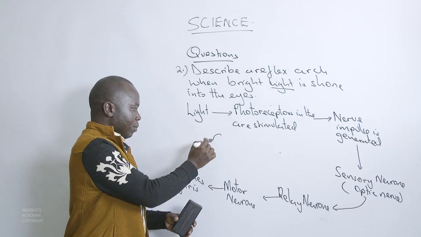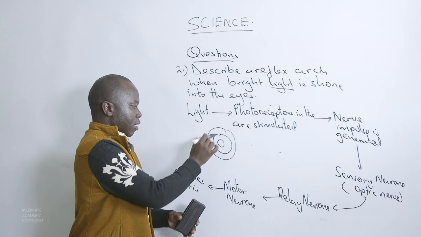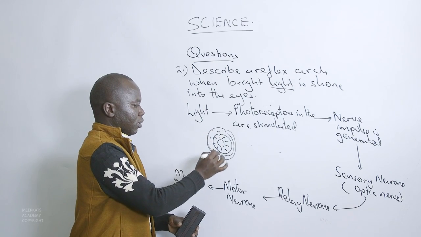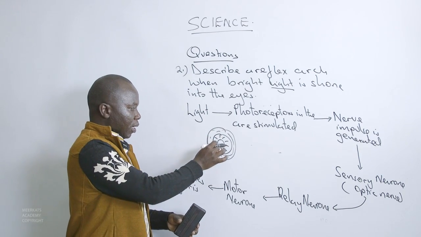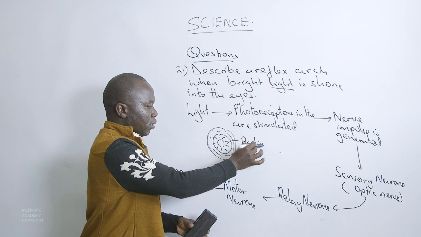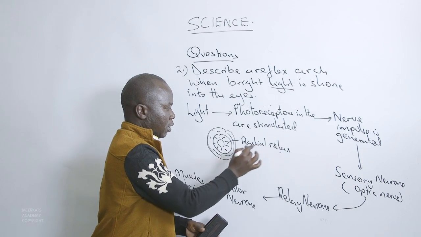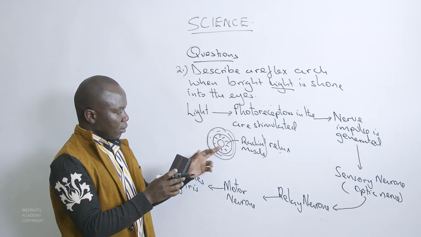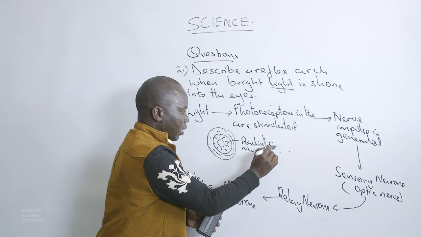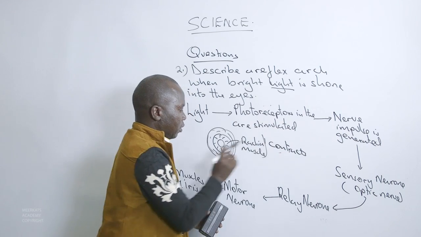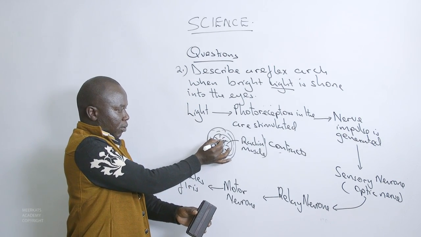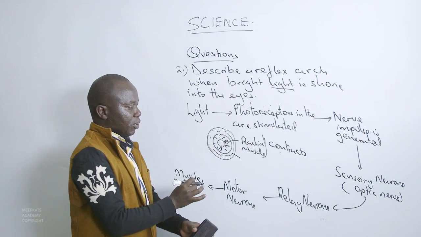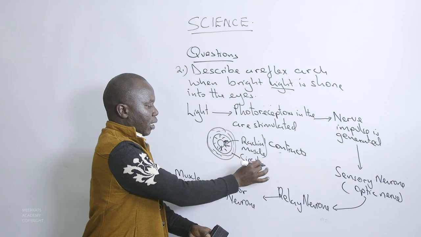If we have radial muscles here and circular muscles here, what will happen is that the radial muscles are going to relax, and the circular muscles are going to contract.